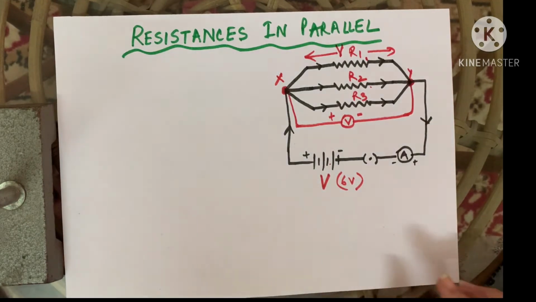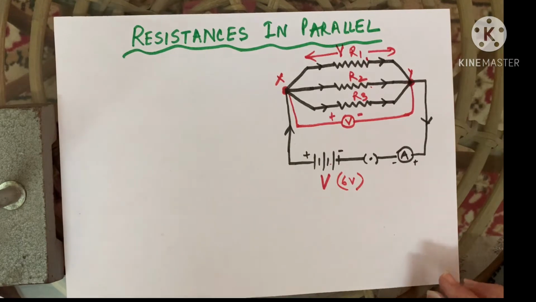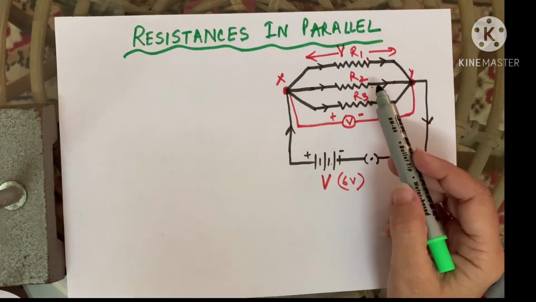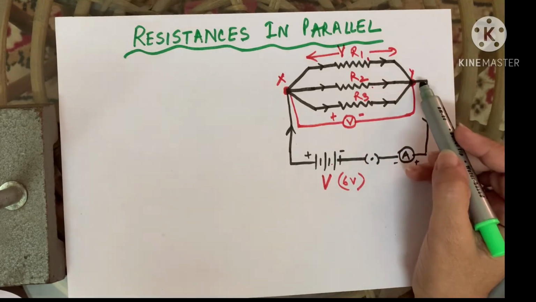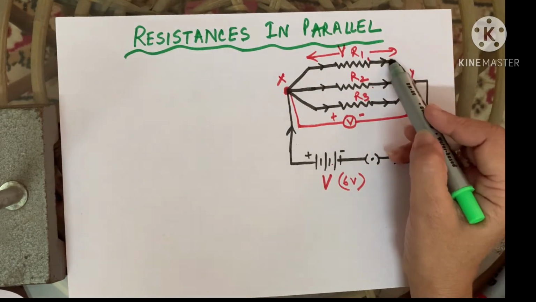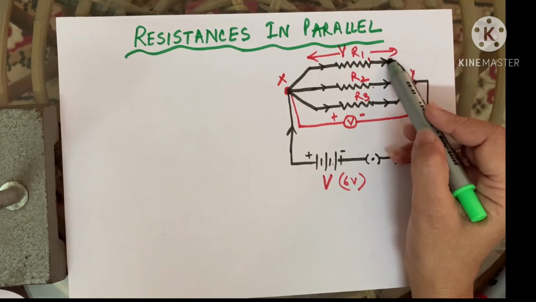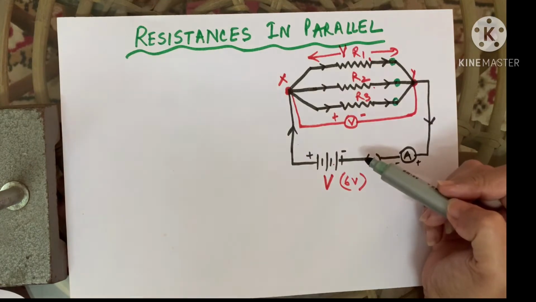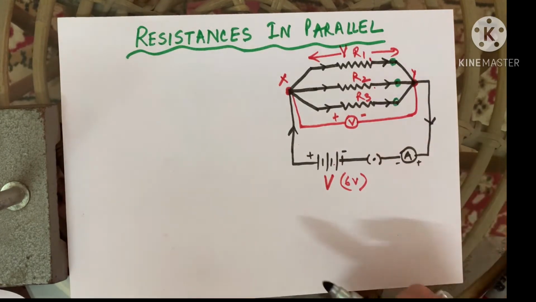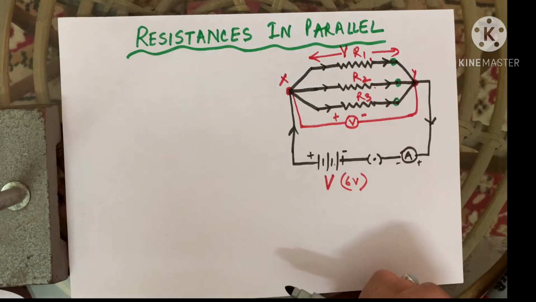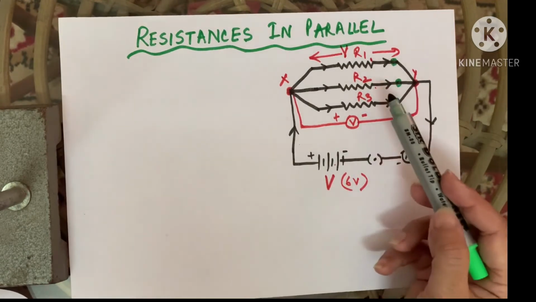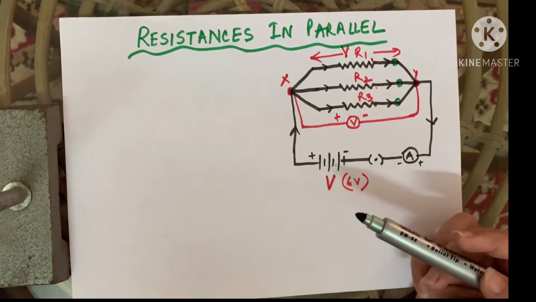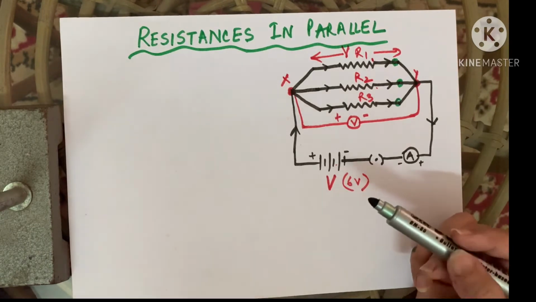Now the question is, what will be the current across each resistor? For this we have to connect an ammeter with each resistor. You know that an ammeter is connected in series, so you can connect an ammeter here to measure the current across each resistor. We will find that the current flowing in each resistor is different.